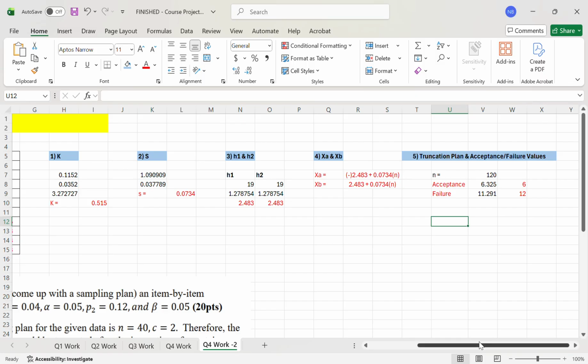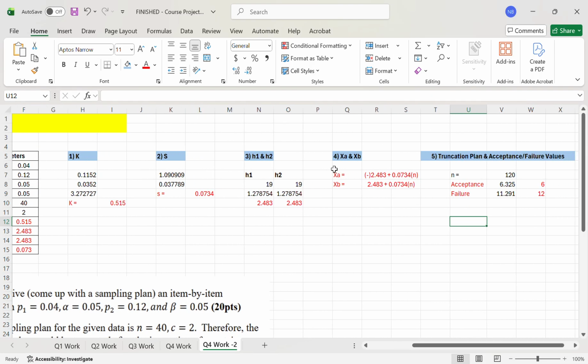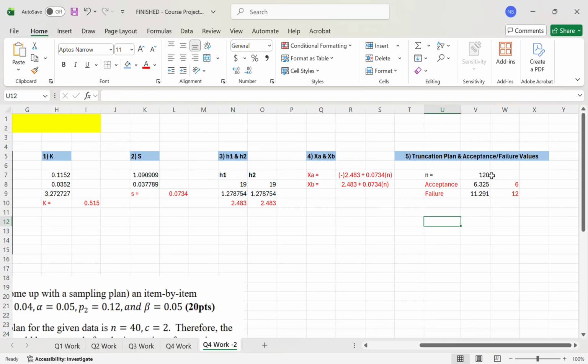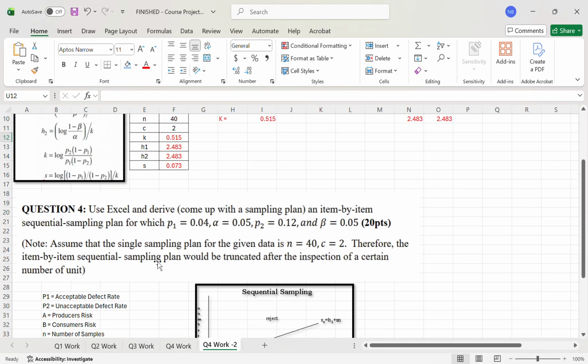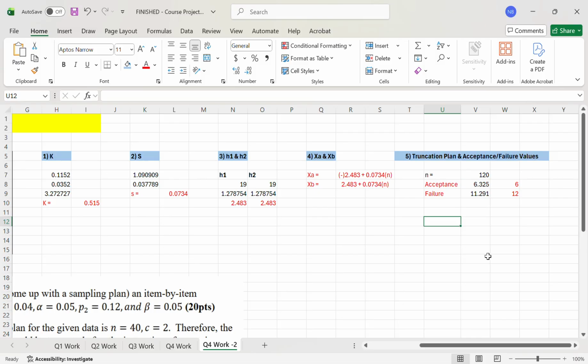So if we were to pull samples, doing an item by item sequential sampling from this lot using this data, these would be the acceptance and rejection line equations. And at the truncation value of 120, which again we found by taking the corresponding single sampling plan data of n equals 40 and multiplying it by 3. Again, through my research, I found that a good rule of thumb was to multiply your corresponding single sampling plan truncation number by 3 for your item by item sequential sampling plan.